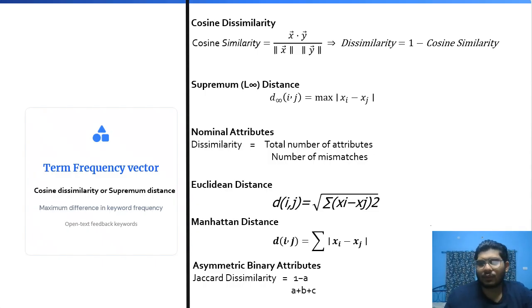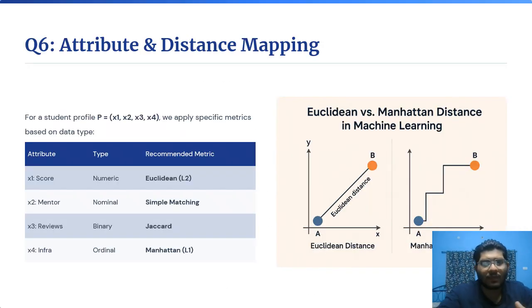Now we will go to the next slide, attribute and distance mapping. Here on the first page are all the answers. For the student profile, P equals x1, x2, x3, x4, and we apply a specific metric based on the data types. Attribute score 1, x1 score, x2 mentor, x3 views, x4 infra.